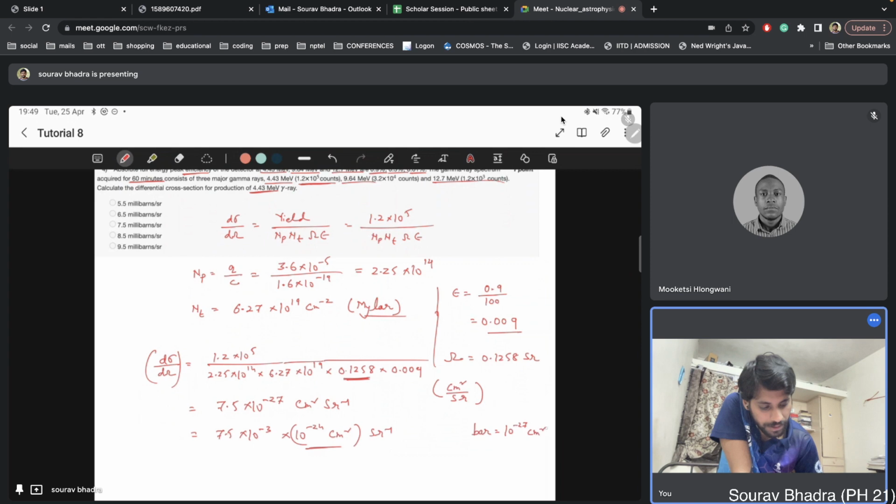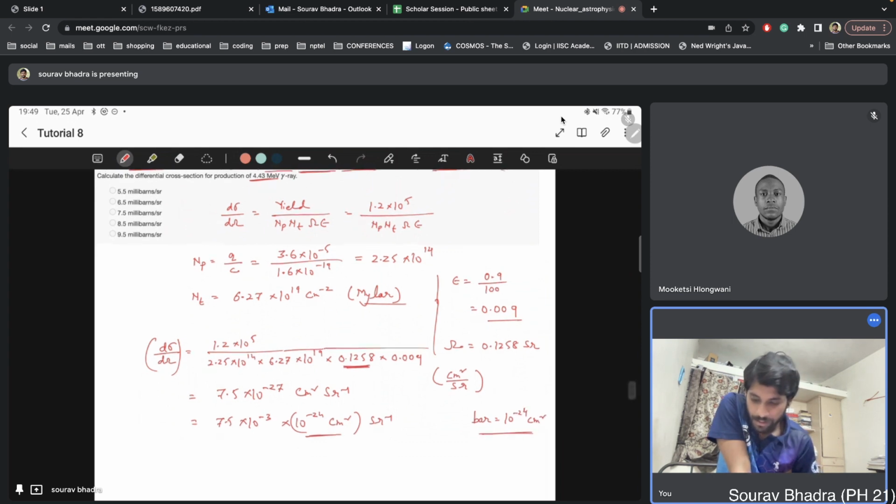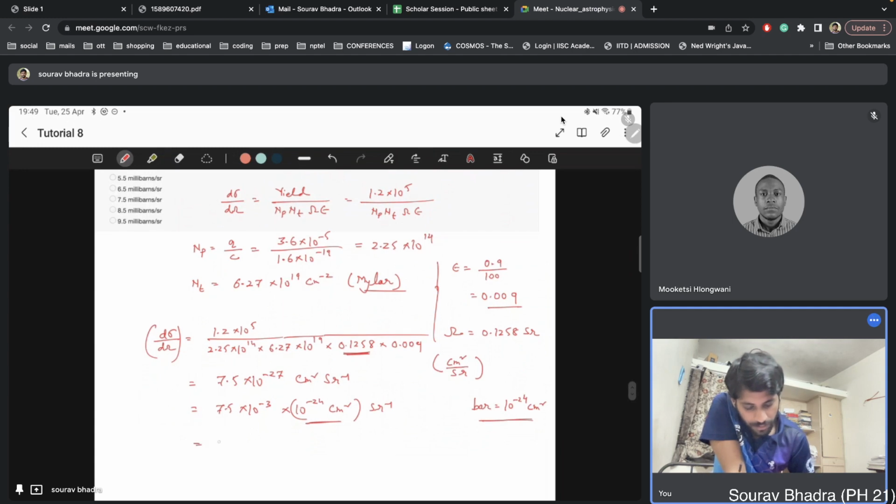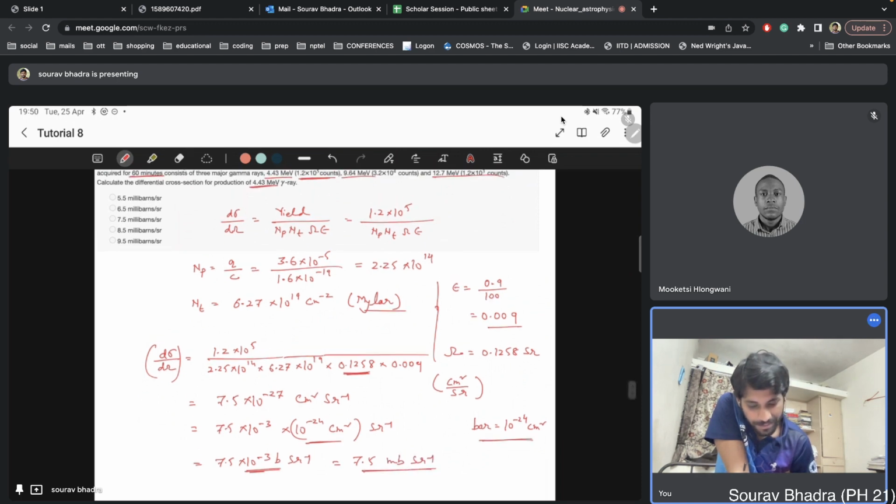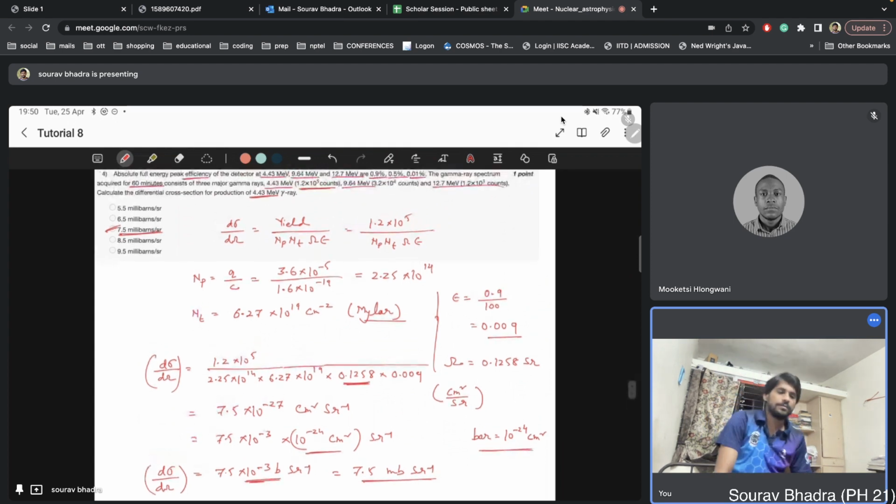So 7.5 into 10 to the power minus 3 barn per steradian, and 10 to the power minus 3 barn is also a millibarn. So at last you can write it 7.5 millibarn steradian inverse. It is the unit of d sigma by d omega.